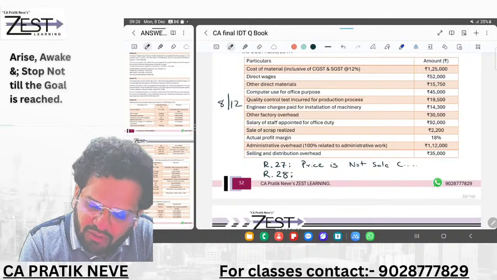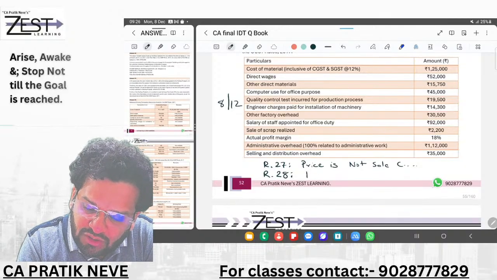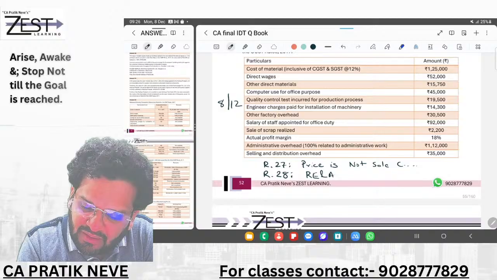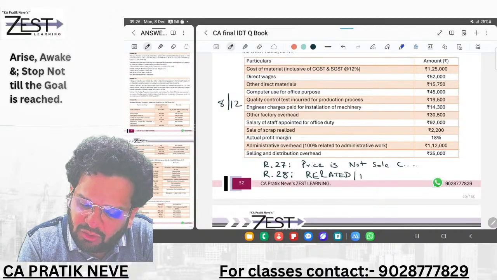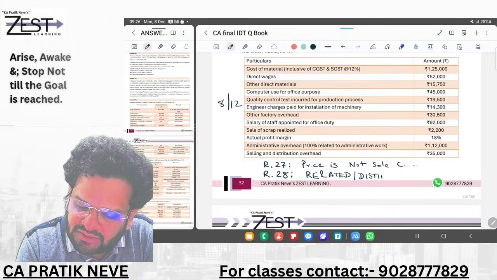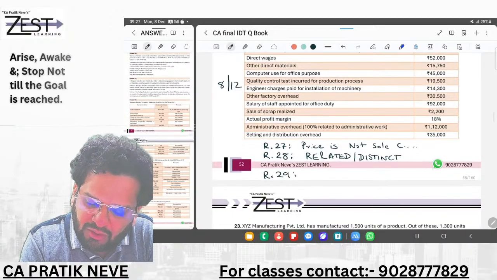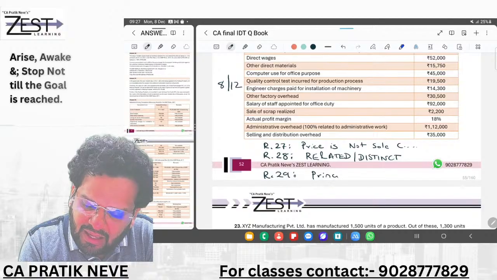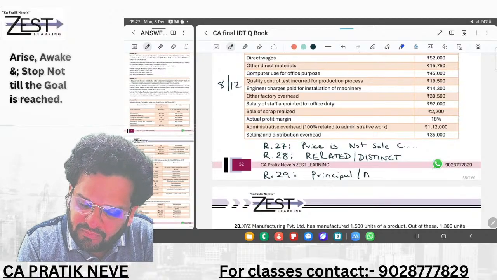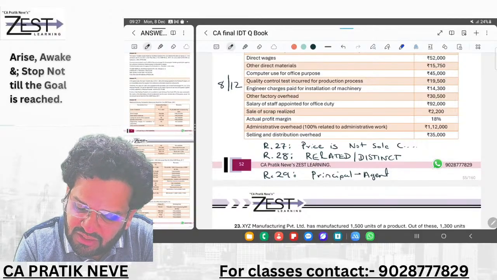Same way you have understood 28 is for supply between related persons or between distinct persons. And 29 is supply between principal and agent. Supply between principal to agent. You have understood these things.